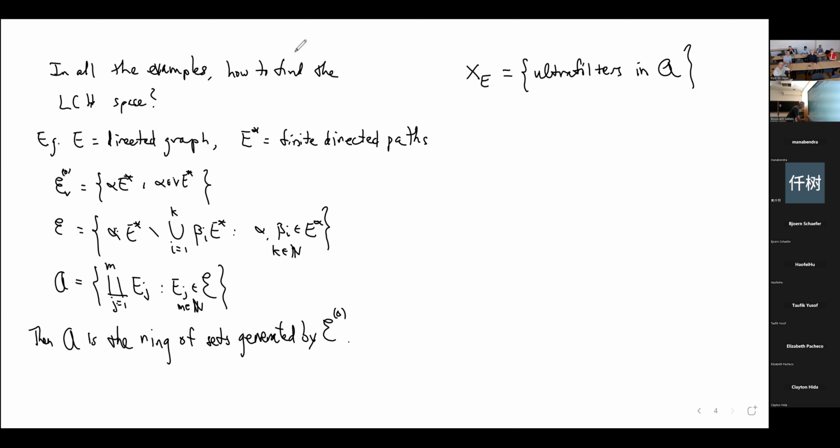Maybe I should write: A is really the disjoint union over vertices in our graph of A sub V. And A sub V is this, V dot X, and the V goes in front.